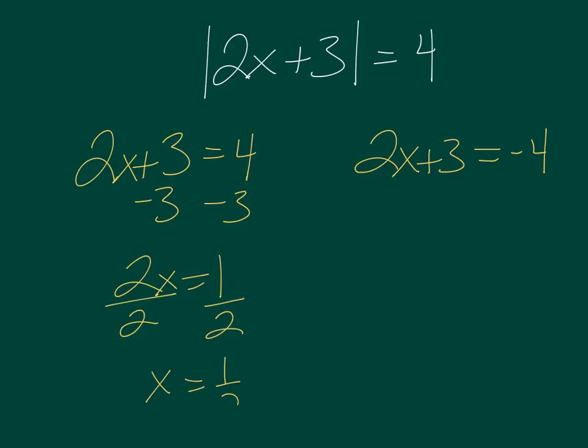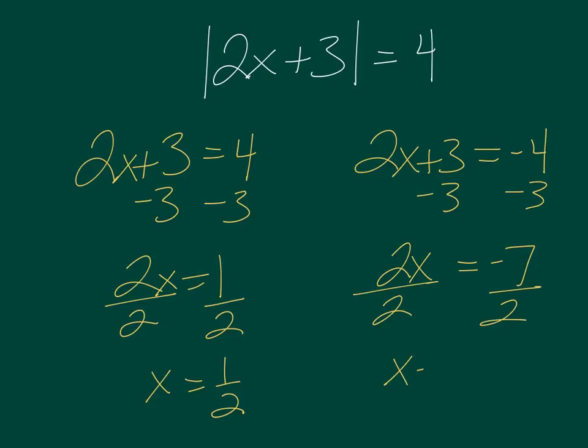So x could be 1/2. Over here, when I subtract the 3, x would be negative 7/2. Both of those would work if I were to plug them back into the original equation.